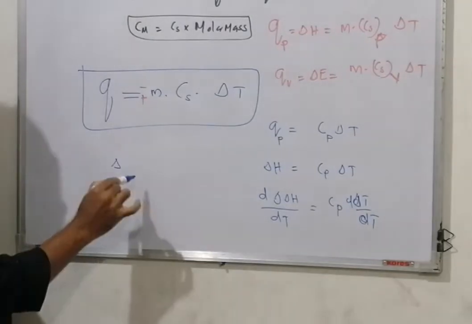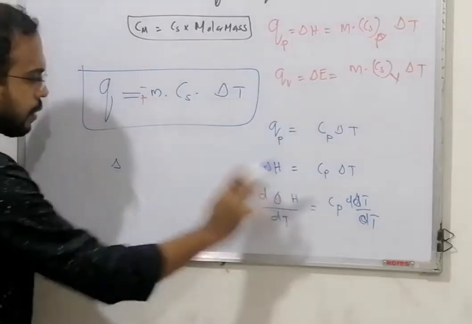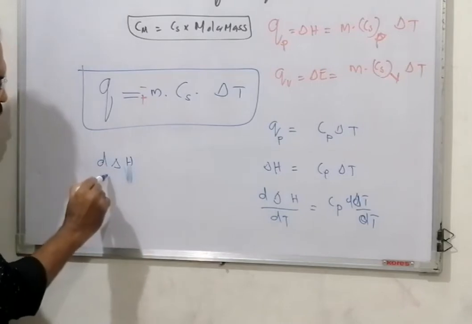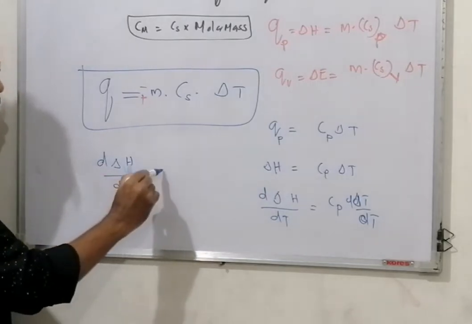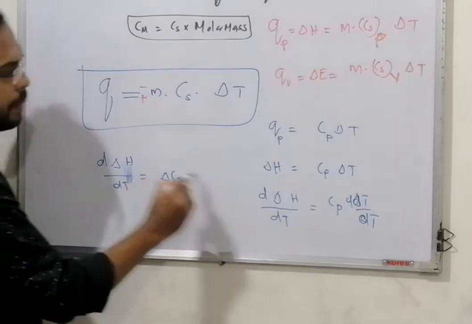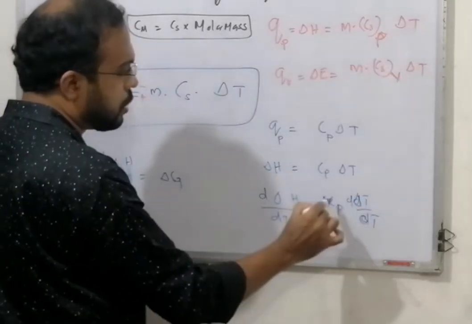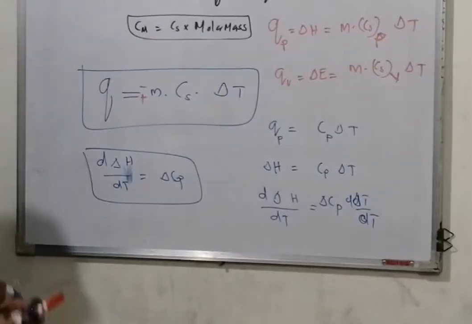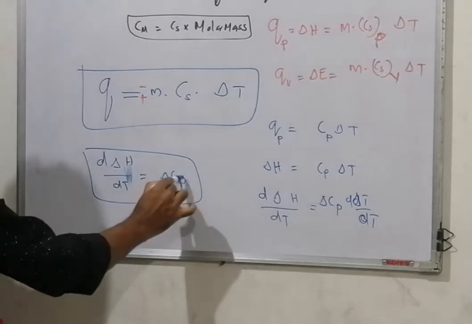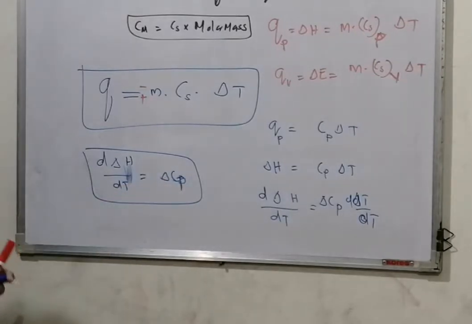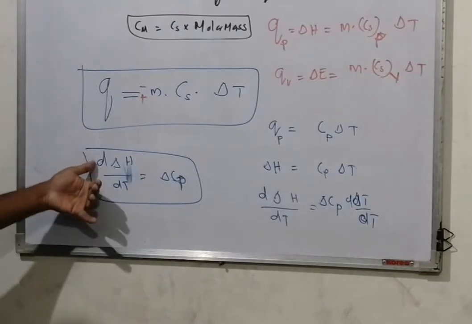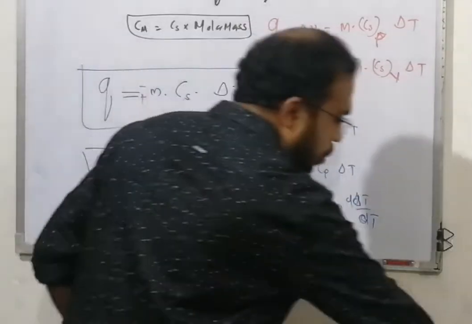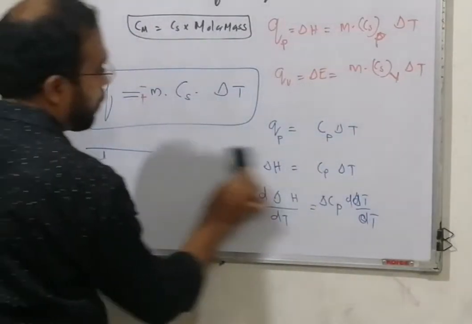The change in enthalpy with respect to temperature, d delta H by dt, is nothing but delta Cp. Very important: d delta H by dt is equal to delta Cp. Changing heat capacity is nothing but the change in enthalpy change with respect to temperature.